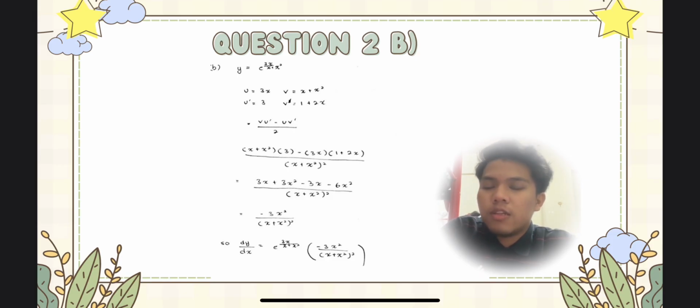The following calculation steps will be x plus x squared times 3 minus 3x times 1 plus 2x, over x plus x squared, and then squared again. Proceed to the next steps. The calculation will be 3x plus 3x squared minus 3x minus 6x squared over x plus x squared, squared again.